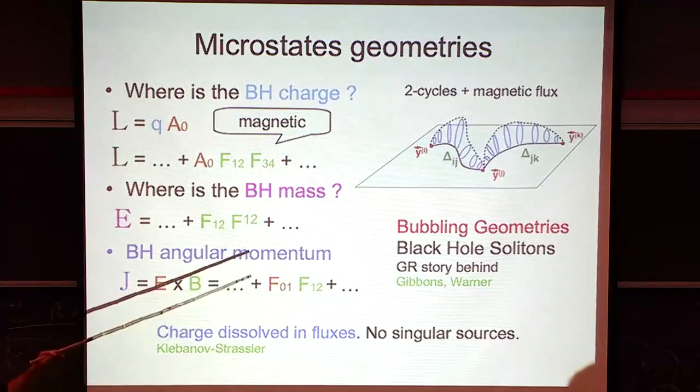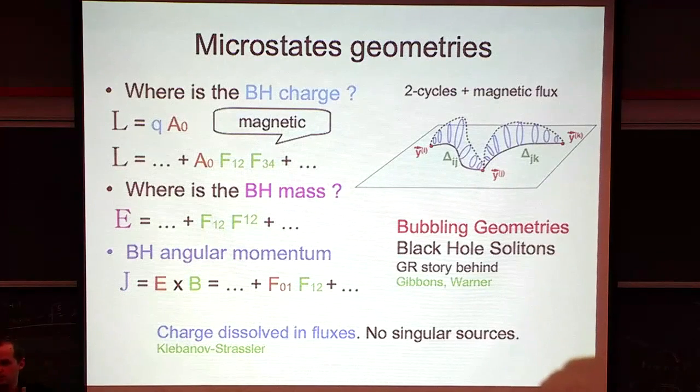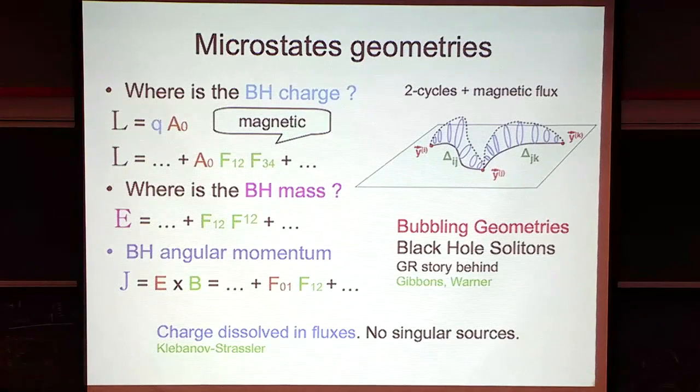Yes, so these solutions you can actually put these Gibbons-Hawking centers wherever you want. So in principle, there's a moduli space which has dimension 2n minus 2. When you have n centers, there are basically 3n positions which you can put. There's a center of mass, you get 3 of them out, and then there are some equations which you call the bubble equations.